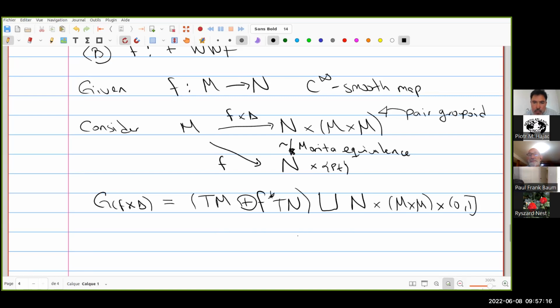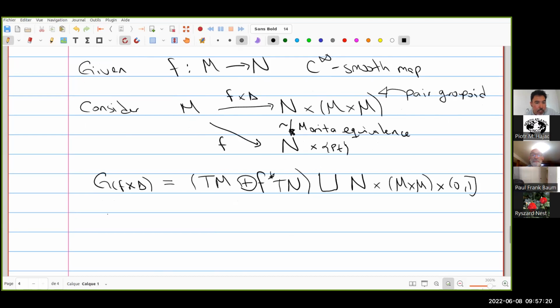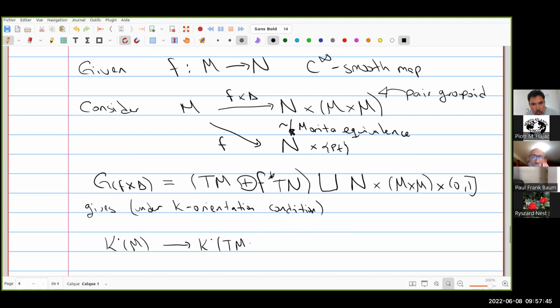This is a deformation groupoid that gives the following map under some conditions, under the K-orientation condition, meaning that I want to pass from K of M to the K theory of this bundle.